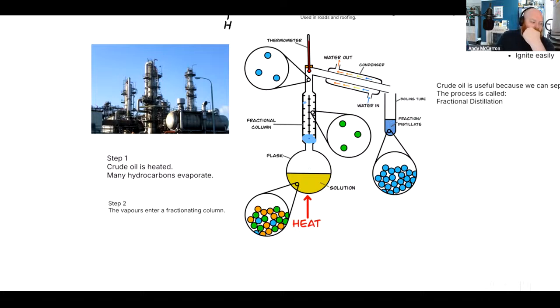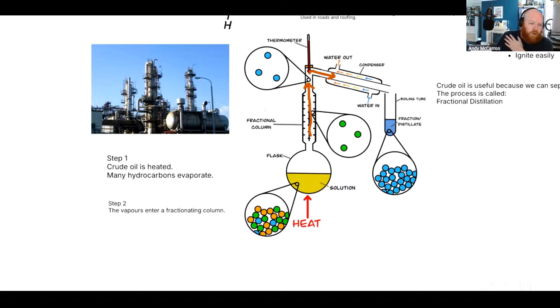So we have these fractions traveling up the fractional column, which is there to separate the fractions via their boiling point and their size. As they're traveling up, we have a thermometer up the top, and then we come along the inside into what is known as the condenser.